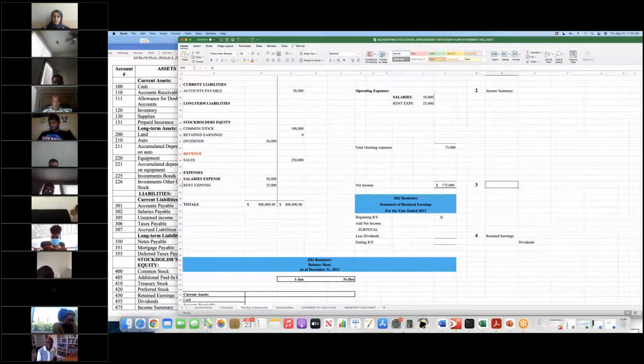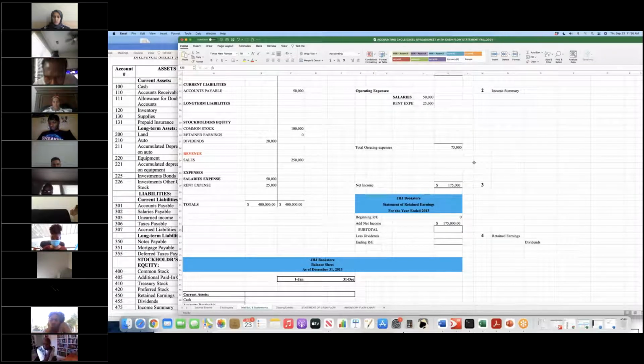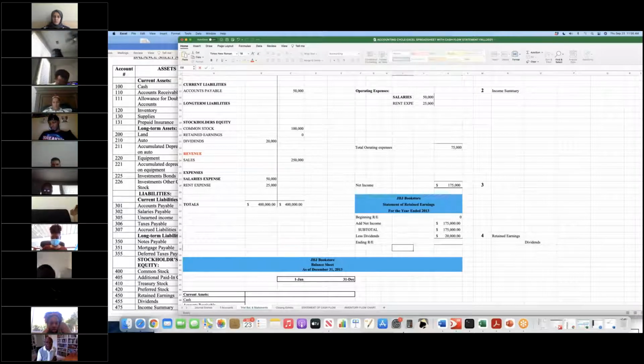Our beginning retained earnings is 0, and now we're concerned with how much of these earnings we kept in the business. The net income was 175. So we had available earnings of 175. And when that happens, just move your lines over. Then we're gonna get this dividend. We had it right here, 20,000. So dividends are payments to the owners out of profits.